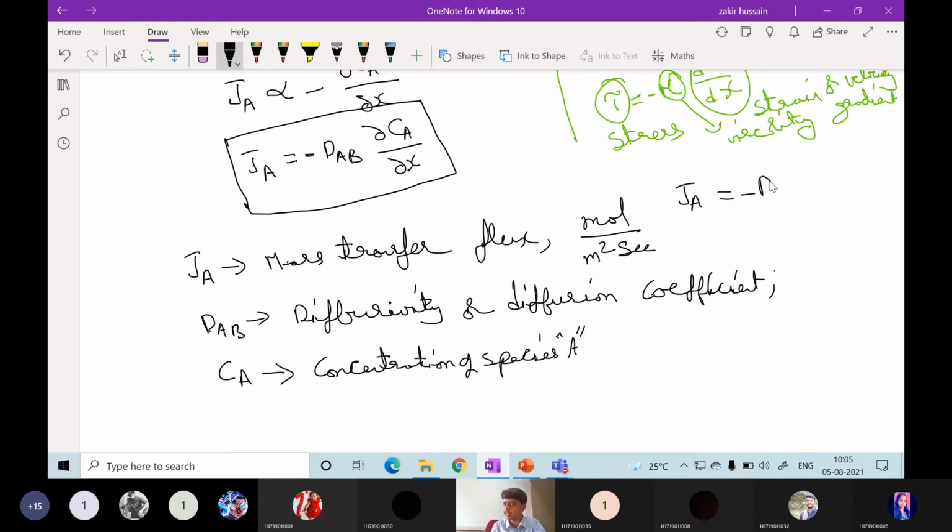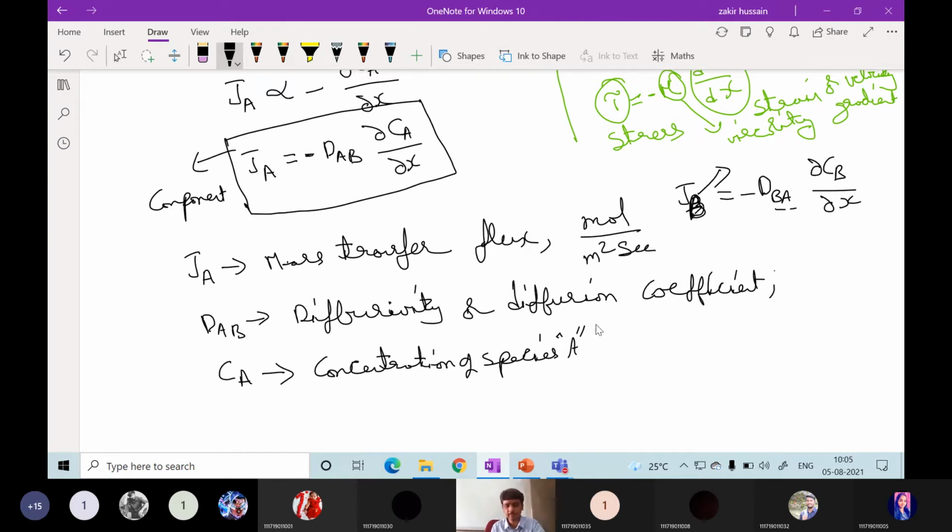J_B is equal to minus D_BA into dou C_B by dou X. Why? Because we are writing the flux equation, Fick's first law of diffusion, for component B. This is for component A.